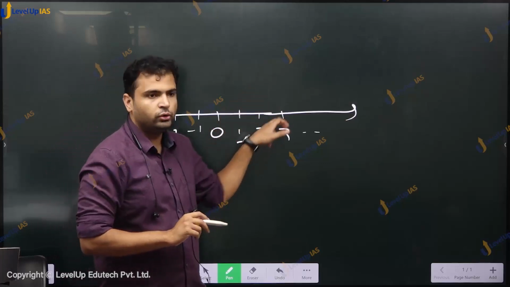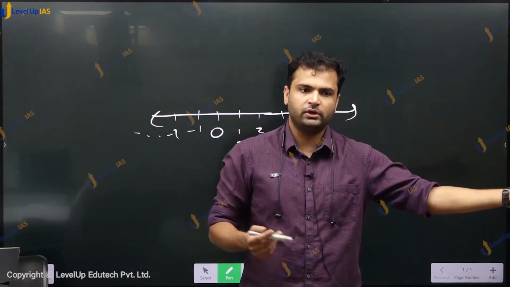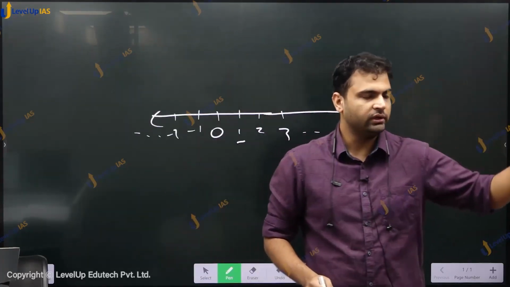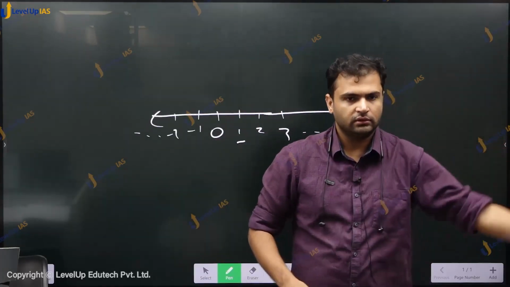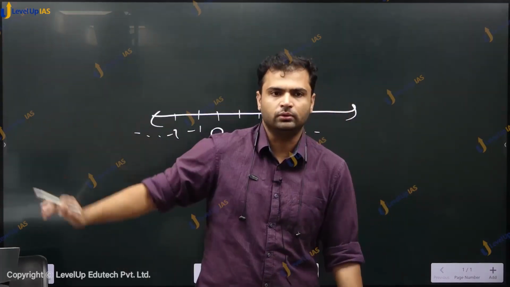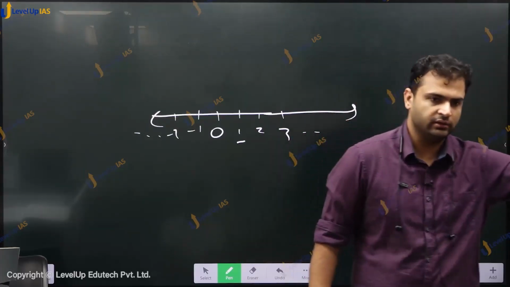Then we are going two places to the right, from your vantage point. So when we are adding, we are going on this side. And wherever we are starting, if we are starting from -5 and we have to add 2, still we are going to this side, -4, -3.